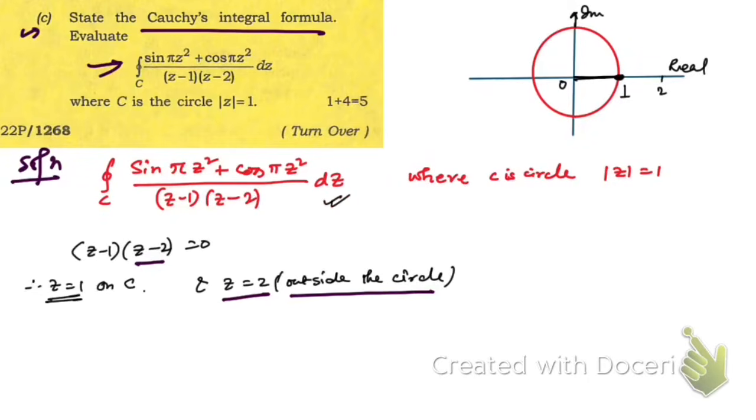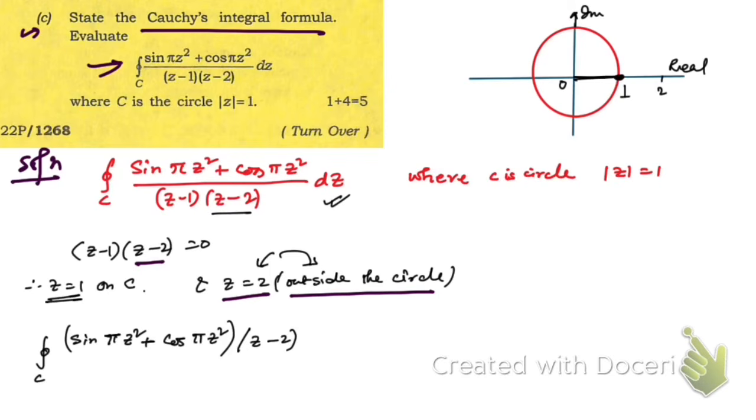So this expression can be written this way: integration on C of (sin πz² + cos πz²), and as 2 is outside the circle, that's why we keep it divided by z − 2, and let me keep z − 1 as the denominator only, right? So dz.